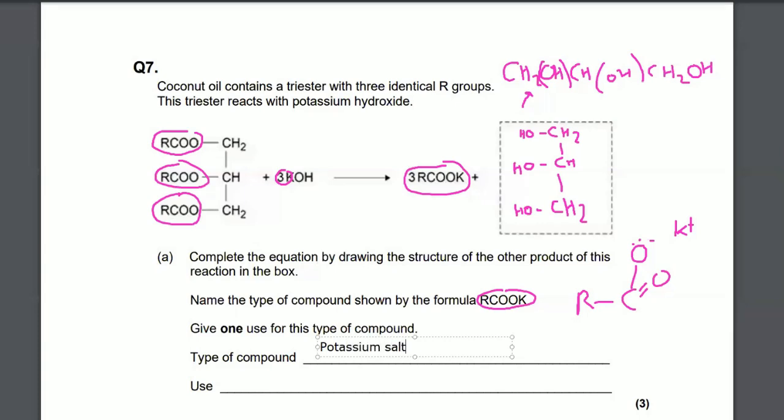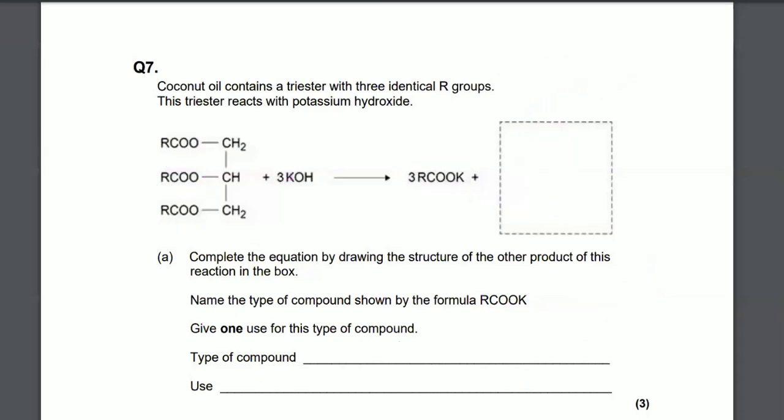What happens is a positive potassium ion from your source of potassium, like KOH, joins on to the lone pair on the oxygen on the carboxylate ion. So you get potassium carboxylate, or a carboxylate salt, or a potassium salt. And the use of these is soap. So nice, easy 3 marks.